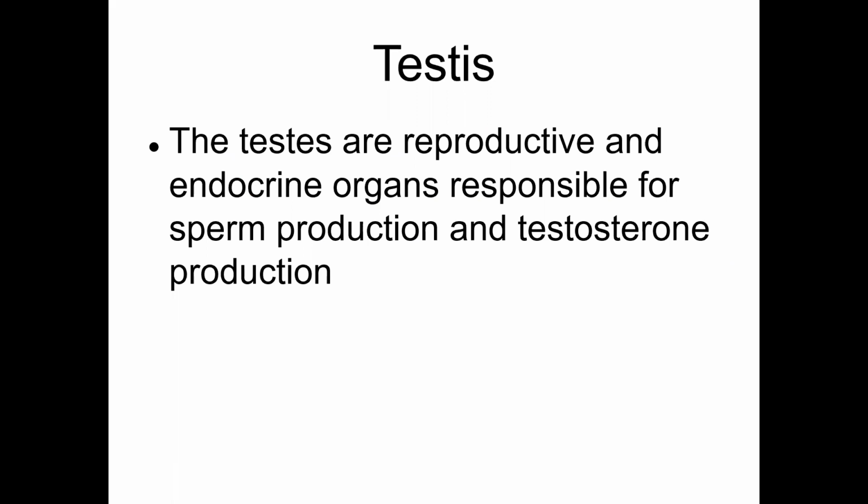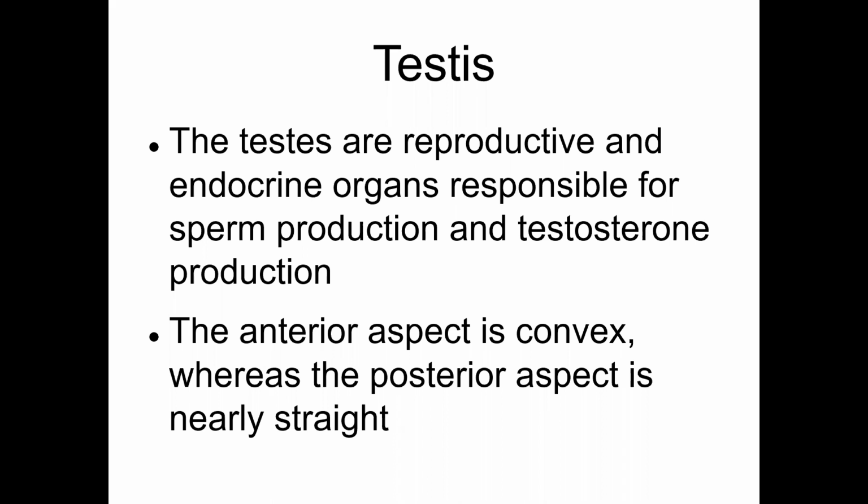The testes are reproductive and endocrine organs responsible for sperm production, which we said requires 2 to 3 degrees lesser than abdominal core temperature, whereas testosterone production is unaffected wherever the testes are located.